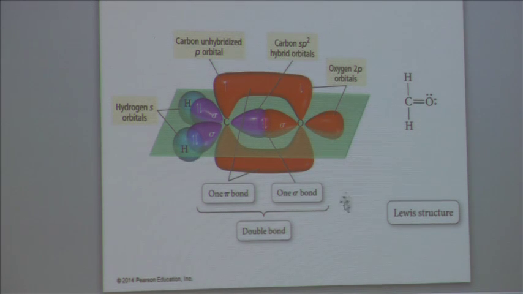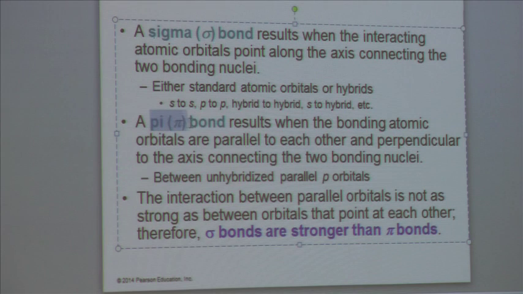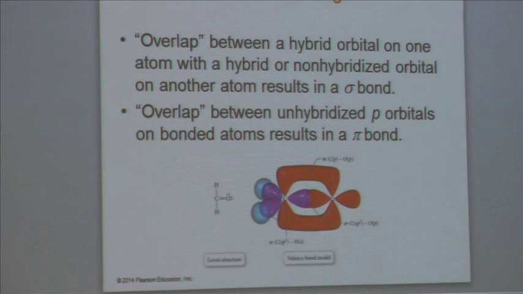Then of course a double bond, one pi bond and one sigma bond. So these are the pi bond and the sigma bond. We can have either a sigma bond or a pi bond. Sigma bonds are stronger than pi bonds.